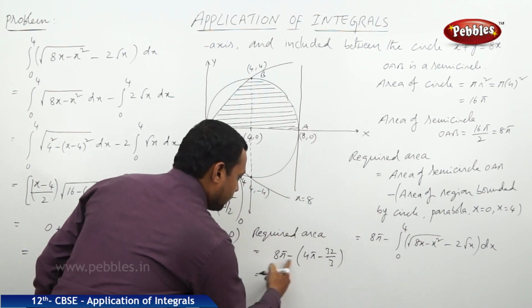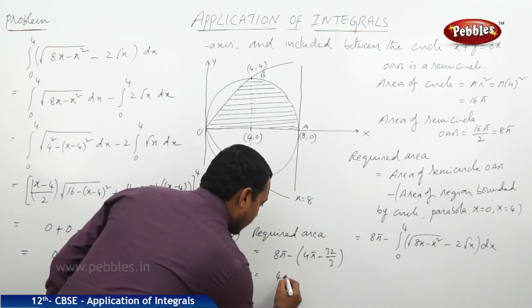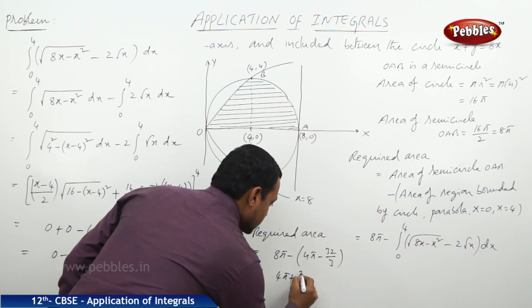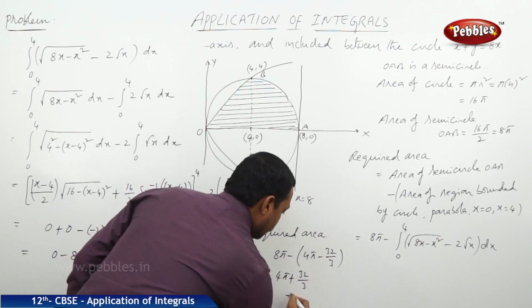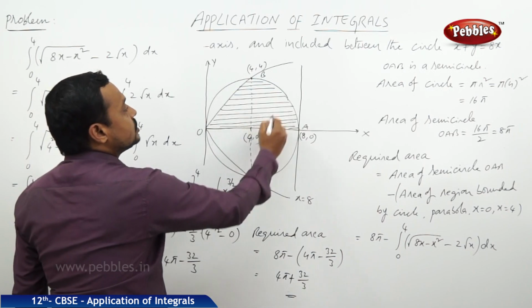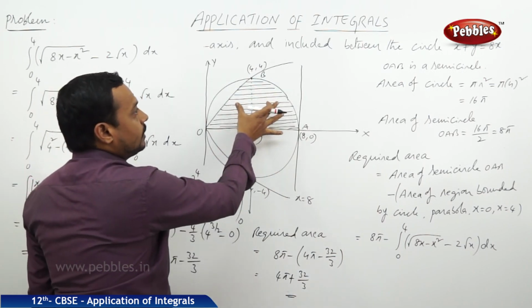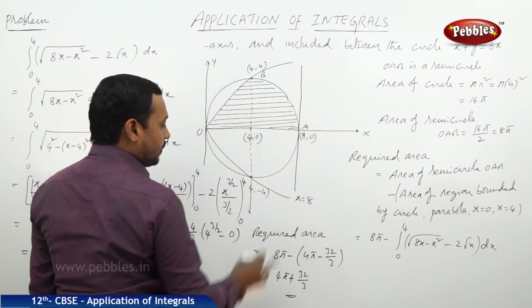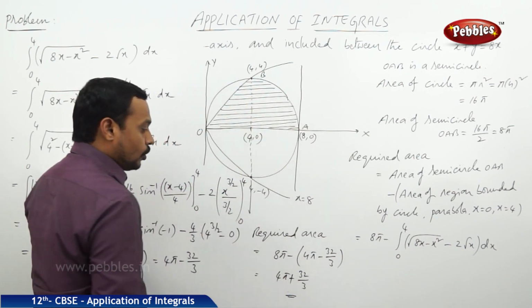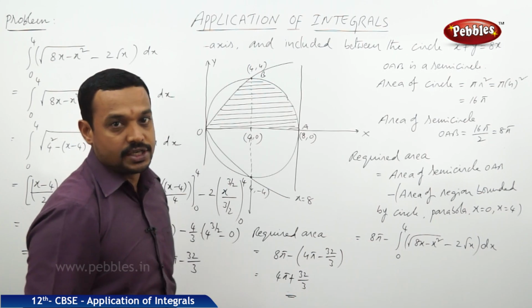Now this is 8 pi minus 4 pi, minus of minus, plus 32 by 3. Therefore, the area of the region lying above the x-axis and bounded between the circle and the parabola is given by 4 pi plus 32 by 3 square units.